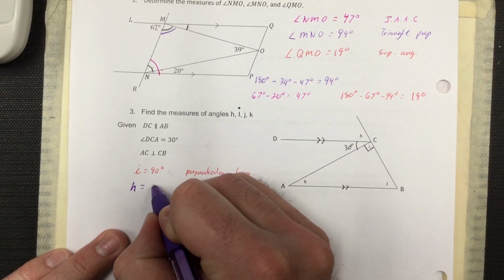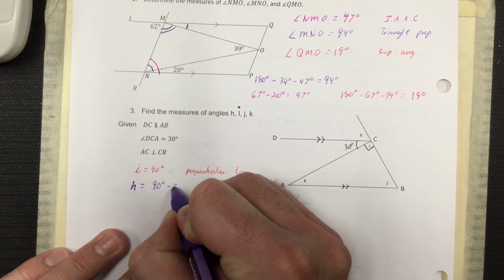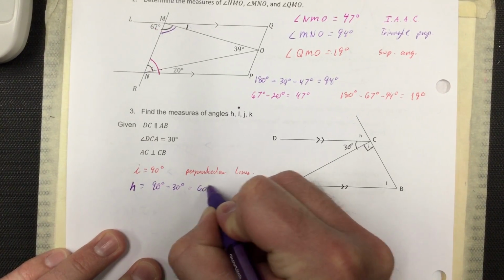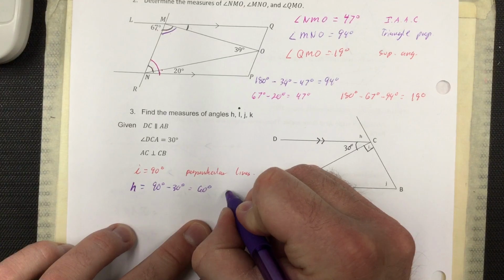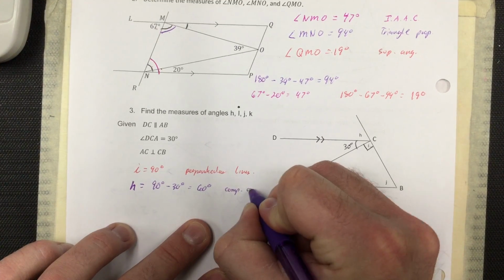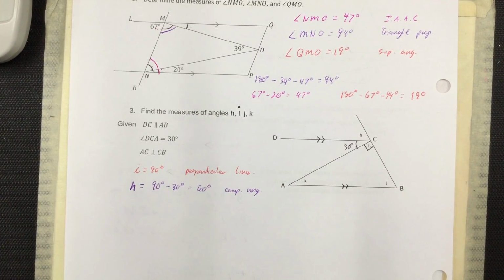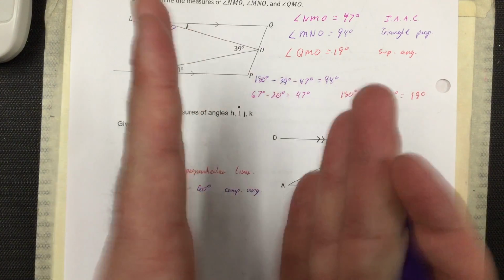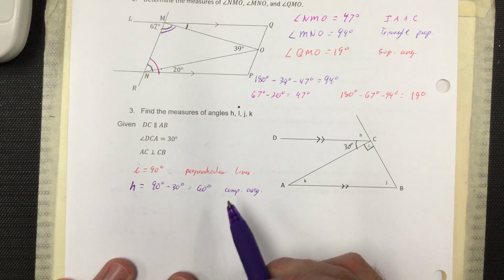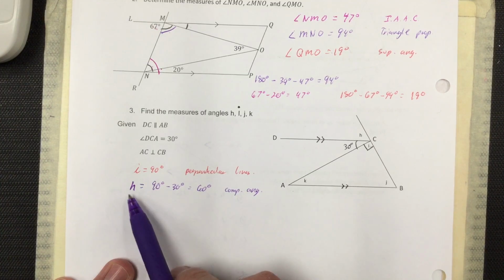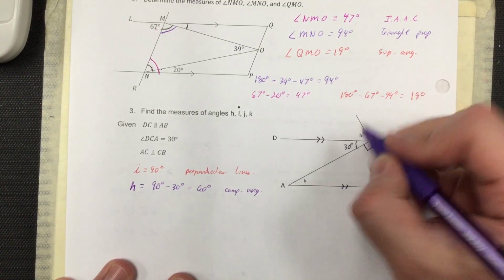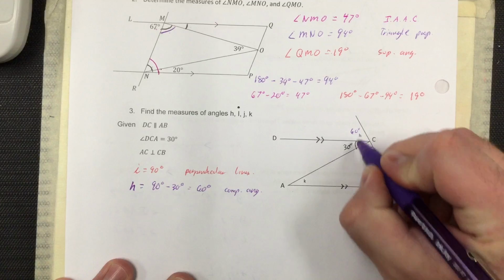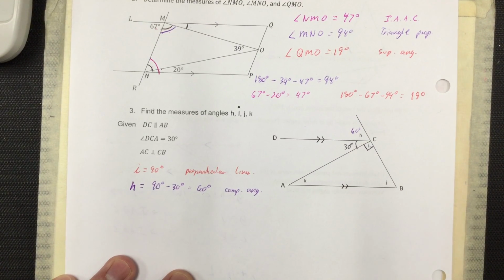So H has to equal 90 degrees minus 30 degrees, or 60 degrees in total, because they are complementary angles. They're applauding, right? They're complementary. Sorry, my little joke of the day here. So H has to be 60 degrees because these two are complementary angles.